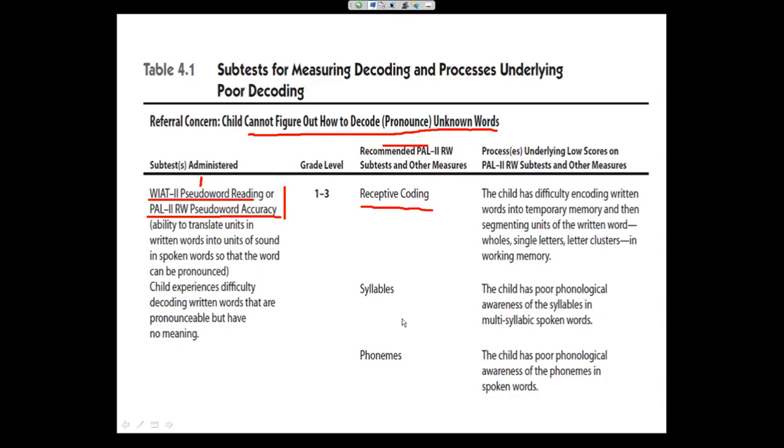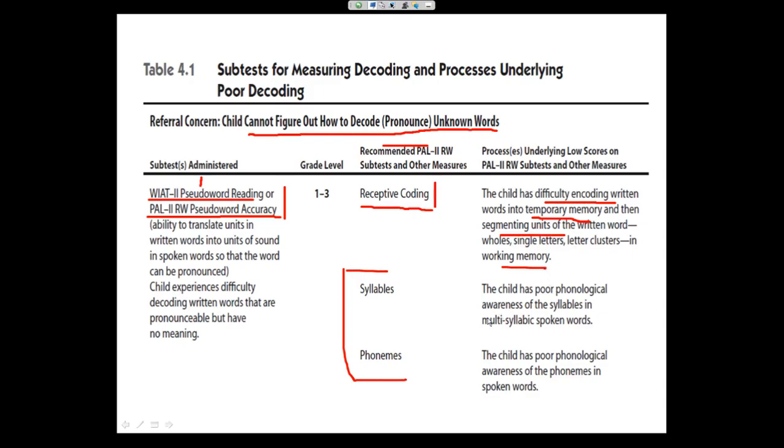Or maybe it is phonological at the level of syllables, or maybe at the level of phonemes. So essentially, if the child's score on receptive coding is low, the child probably struggles to encode written words into temporary memory and then to segment the units of the written word in working memory.